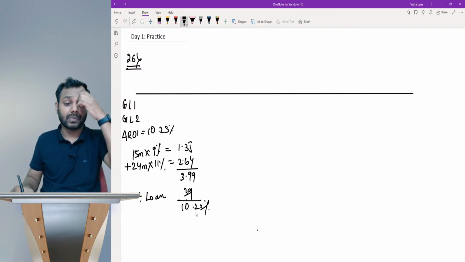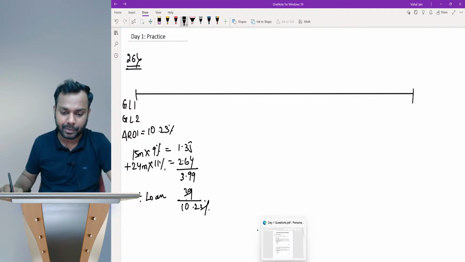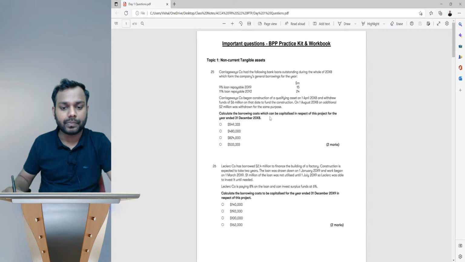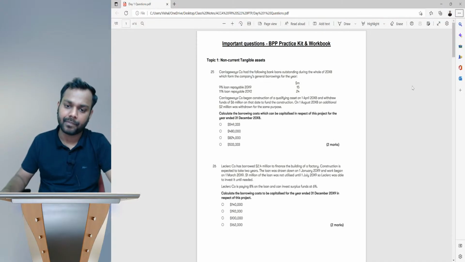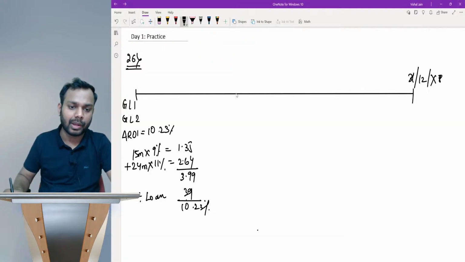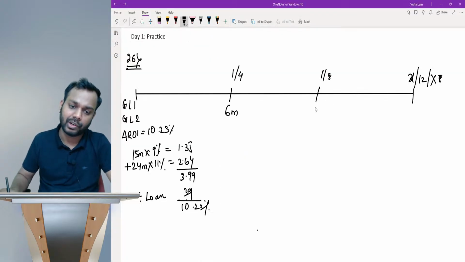Now, the year ended is 31st December 20x8. On 1st April it began the construction of the asset and withdrew 6 million, and on 1st August it withdrew 2 million.